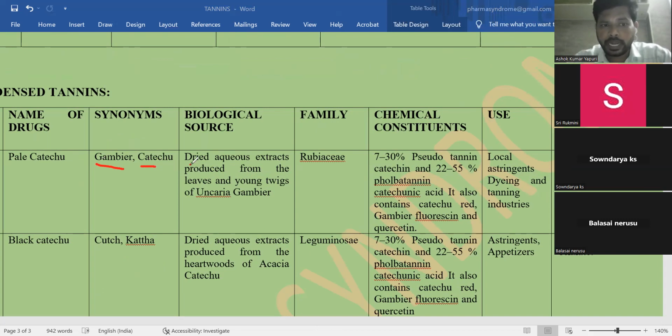Biological source: dried aqueous extract produced from the leaves and young twigs of Uncaria gambier, belonging to the family Rubiaceae. Chemical constituents: 7 to 30% of pseudotannin, that is catechol, 22 to 55% of phlobatannin, catechutannic acid, and also Gambier fluorescein as well as quercetin.